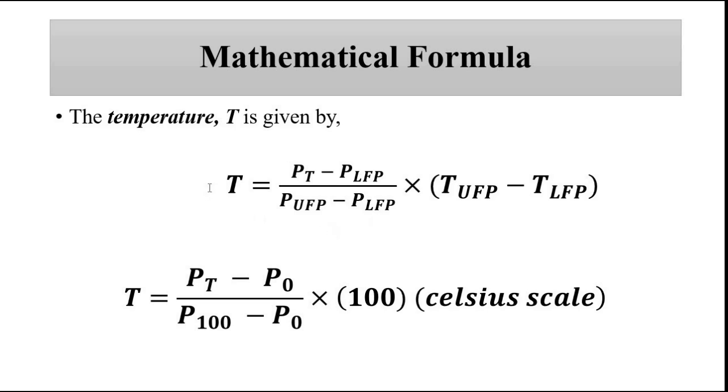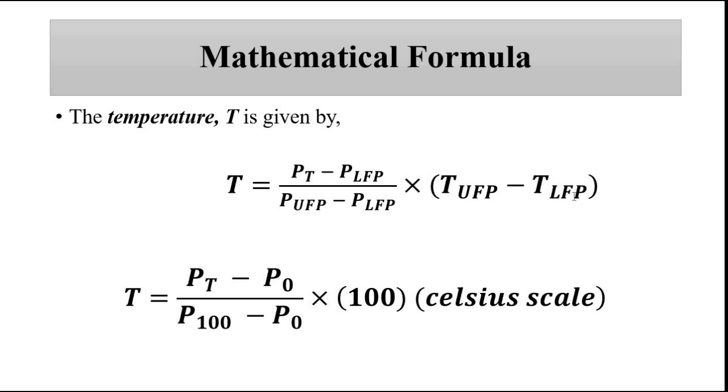So the specific temperature reading which we get, for a specific scale, is equal to the pressure reading at that temperature, Pt, minus the pressure at the lower fixed point, divided by the pressure at the upper fixed point minus the pressure at the lower fixed point, multiplied by the difference between the temperature readings at the upper fixed point and the lower fixed point.